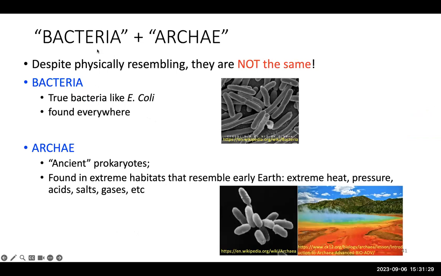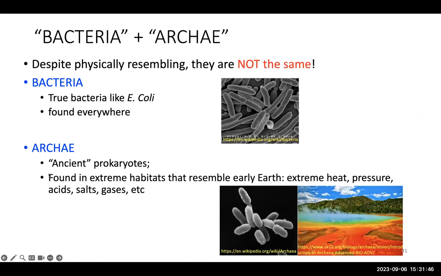And for the prokaryotic cells, as we said, we have the bacteria and the archaea, right? So this is the bacteria. One example is E. coli, and bacteria can be found everywhere. Another one is the archaea.